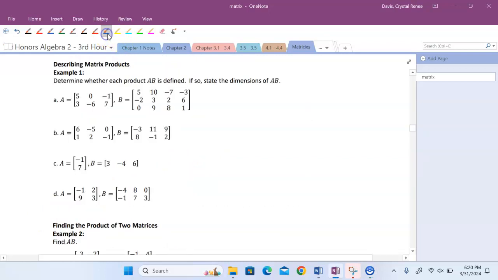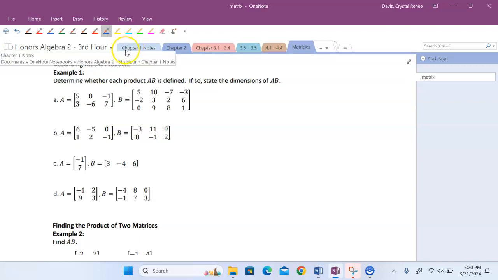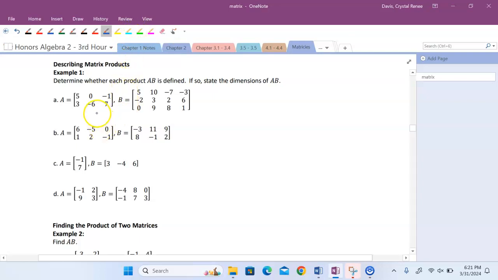All right, so in example 1, we're just going to say whether or not these matrices can be multiplied, and if they can, the dimension of the product that we get. We have to find the rows and columns, the size of this matrix. It has 2 rows and 3 columns, so this is a 2 by 3 matrix.